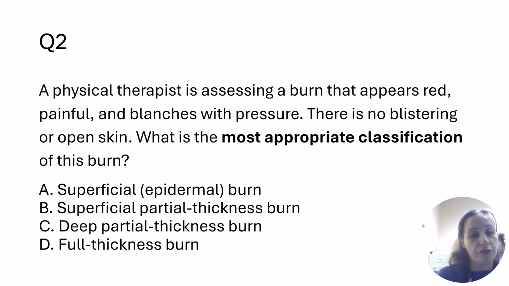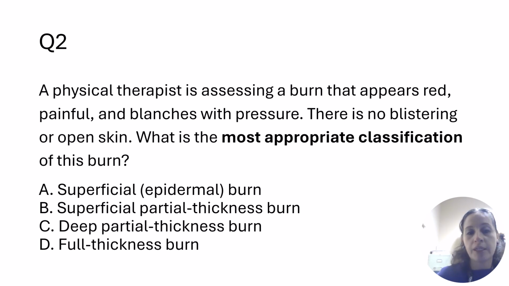Your superficial A, meaning not superficial partial, superficial, okay? Superficial is the only one that would have no open skin. The other ones would have open skin because they're going into the layers of the skin. And then your superficial partial thickness is going to typically be more reddish in appearance. It's going to be painful also, but with open skin.